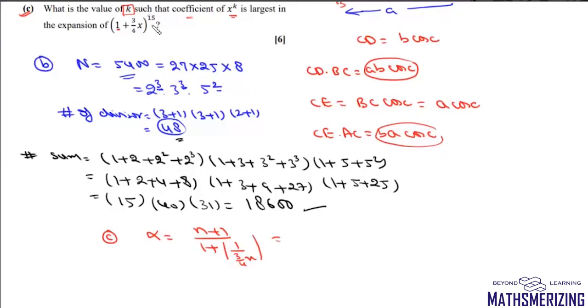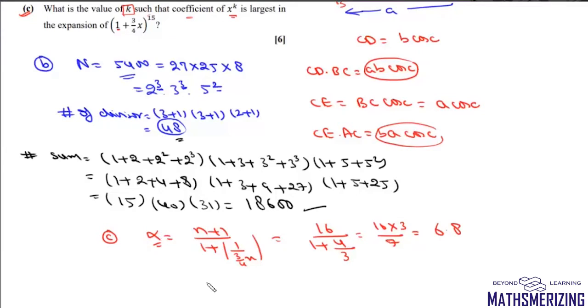Now n here is 15, so this is 15 plus 1, 16, and this is 1 plus 4 by 3 and we need coefficient of x. So we'll put x as 1, then we'll get 16 into 3 upon 7 and it'll be 6.8 something.